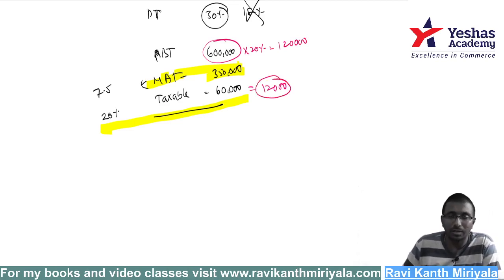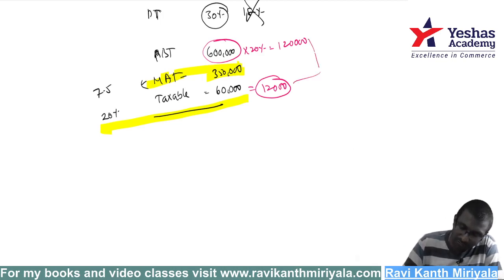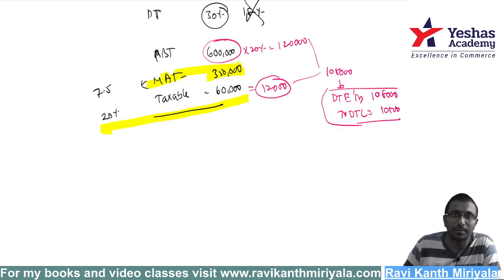You're paying less money, so you're liable for the difference. 120 minus 12 is equal to 108. So 108,000 rupees, you create deferred tax expense account debit to deferred tax liability, equal to 108,000.